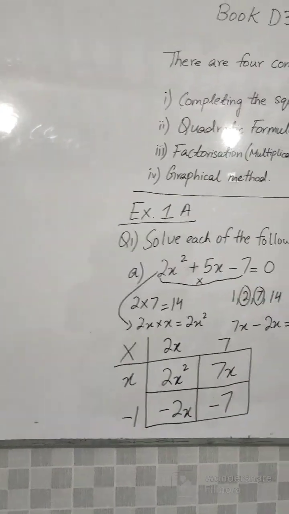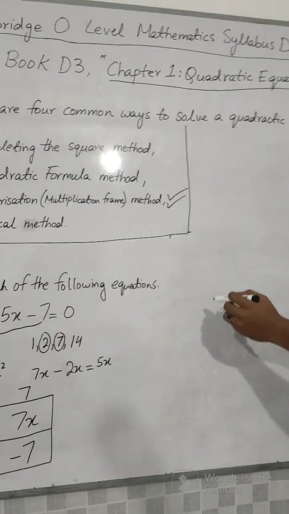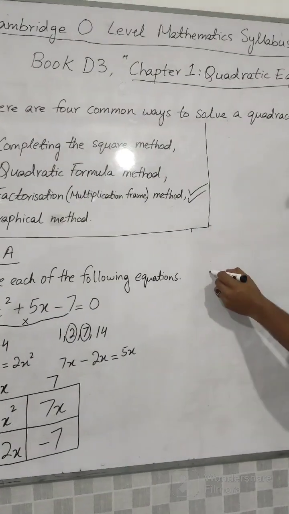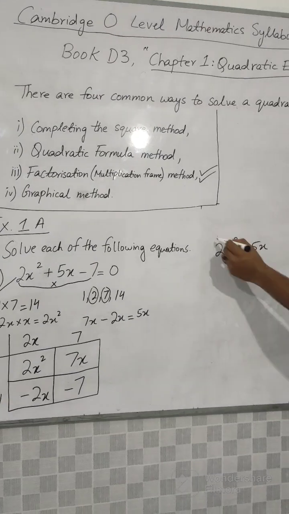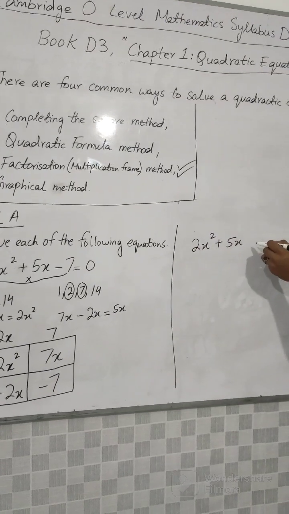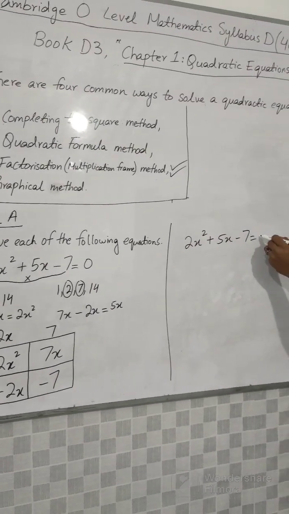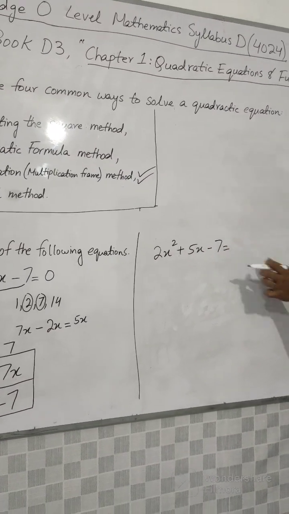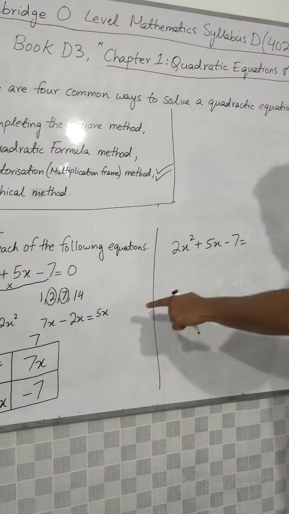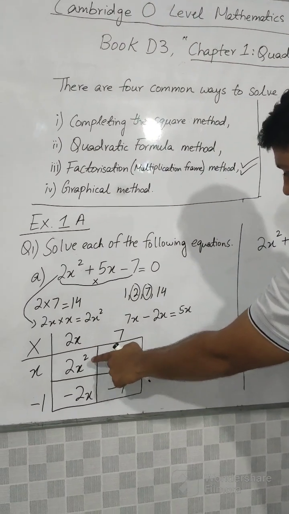So the last step will be to write this equation, 2x square plus 5x minus 7 equals 0. Don't write equals 0 because you have drawn the multiplication frame.